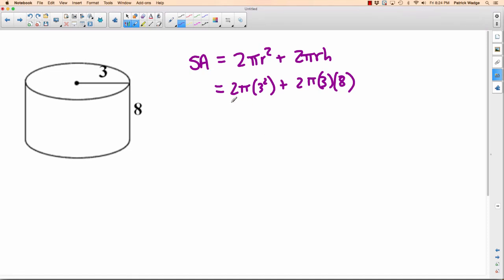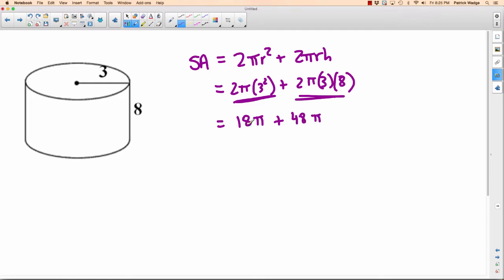What I prefer to do is get each answer, and then add them together. In this one, remember you're going to square it first. So I'd have 3 squared, which is 9, times 2 is 18. So I have 18 pi plus 2 times 3 is 6 times 8 is 48. So now I have 48 pi.